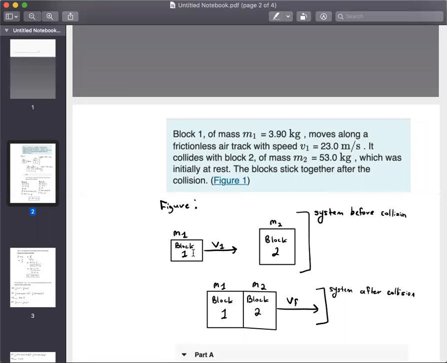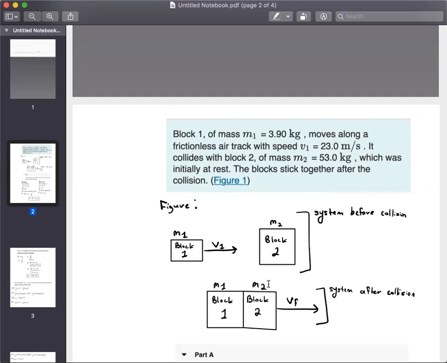Block 1 is traveling at an initial speed of v1, which is 23 meters per second. And as the problem said, block 2 is at rest, so its initial velocity is 0. Then after the collision, you can see the two blocks are stuck together due to the force of the collision.